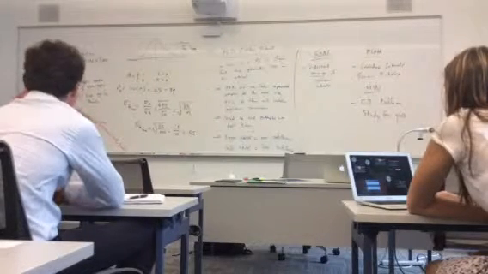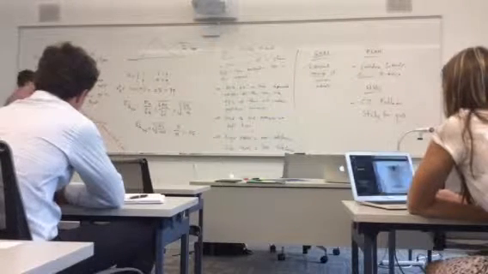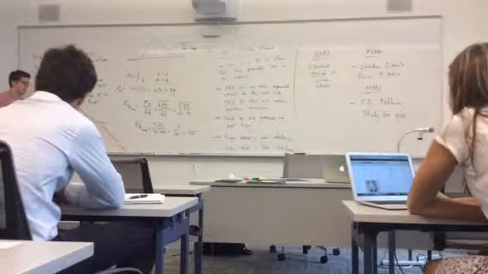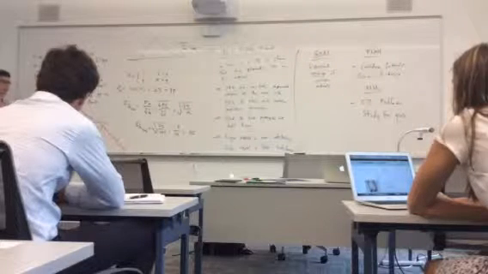So if I go 47.5% to the right, I'm at 0.6. If I go 47.5% to the left, 0.5 minus 0.1, I get 0.4.